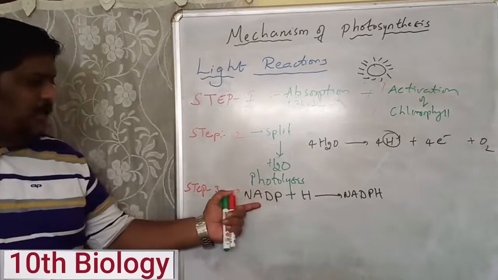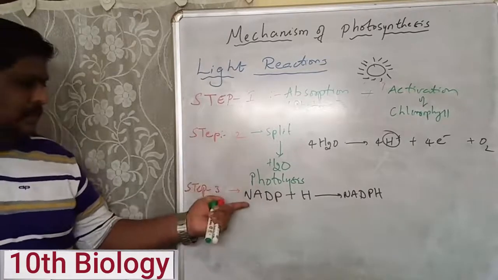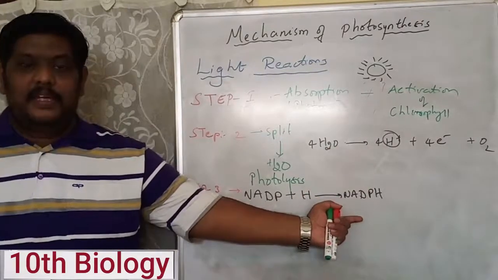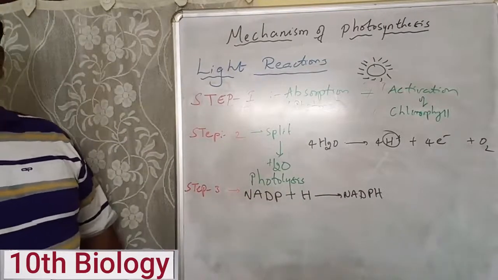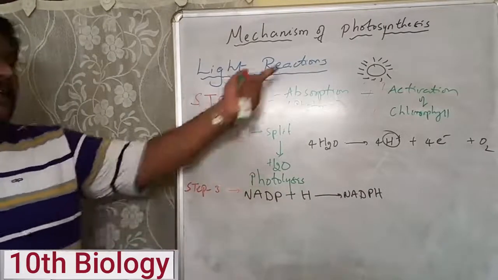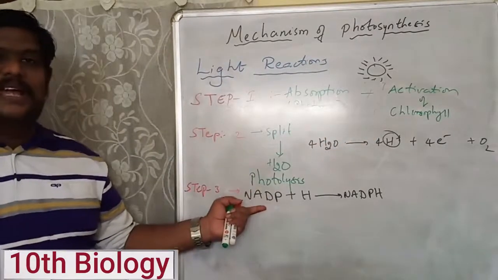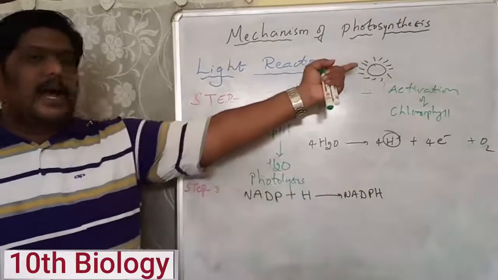So this compound is already present in the chloroplast, that is in the thylakoid membranes, and now it takes the hydrogens and becomes NADPH. Now this NADPH is required to initiate the process of photosynthesis, especially in the dark reactions. This is a compound which has energy now, so it can be utilized to start the dark reactions.